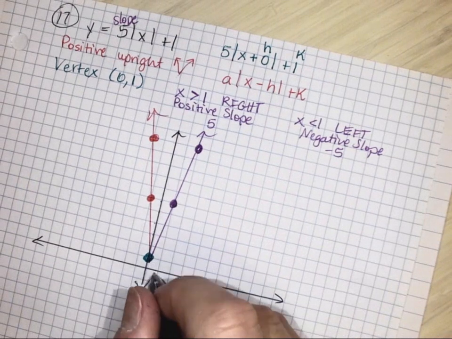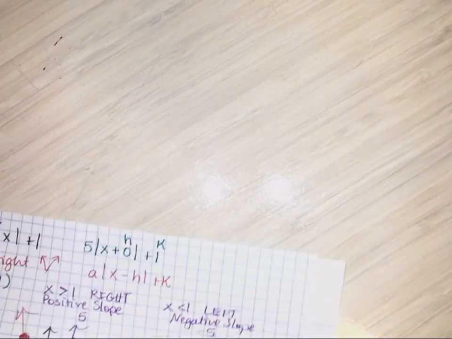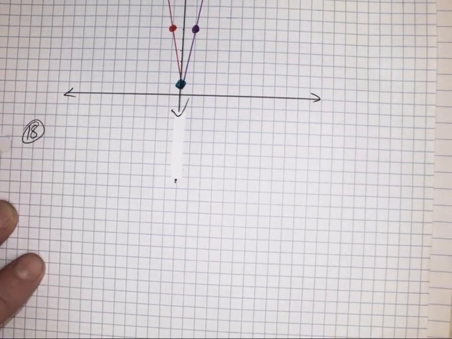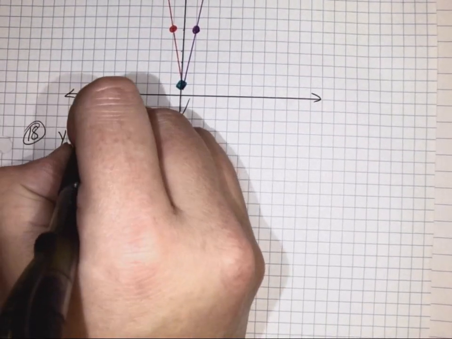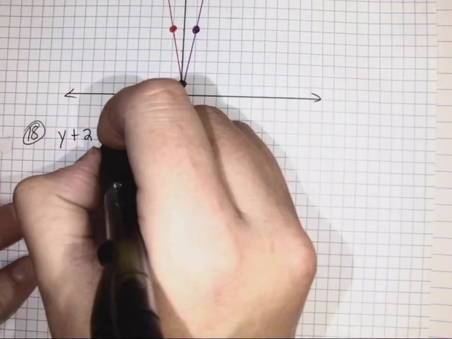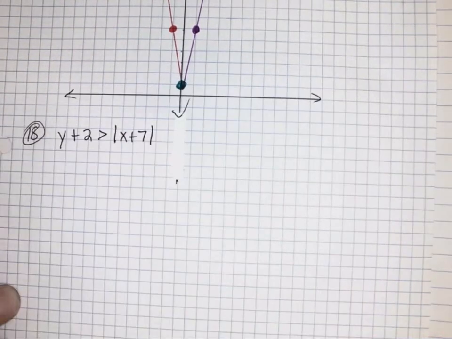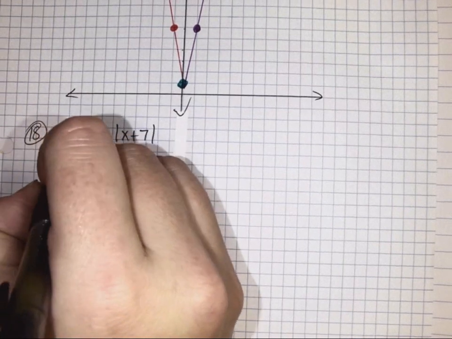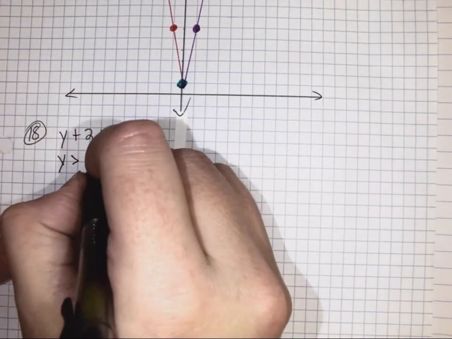Okay, 18, we're nearing the end. We have y plus 2 is greater than the absolute value of x plus 7. Okay, so let's subtract 2 and isolate y.